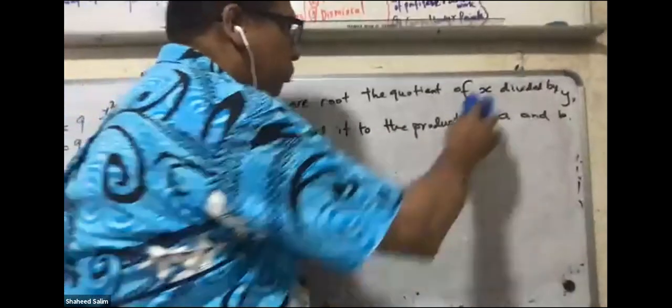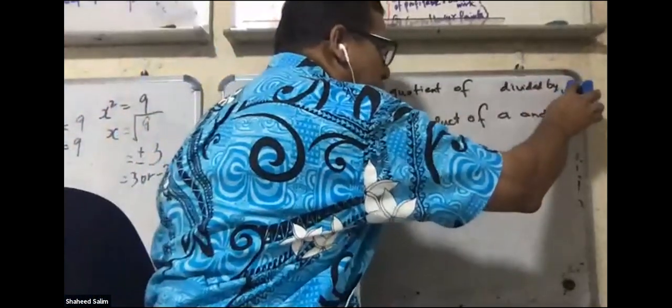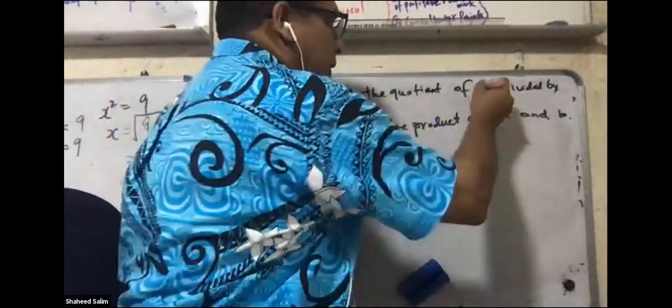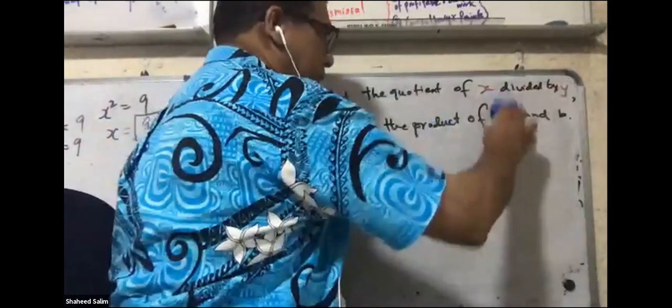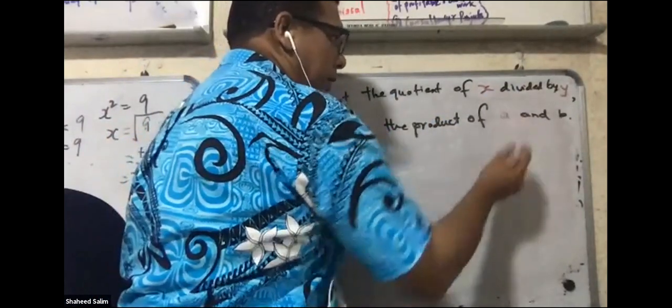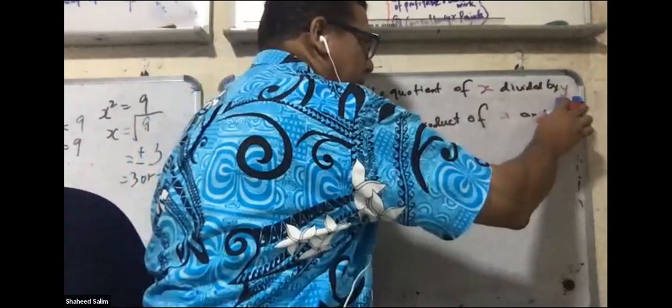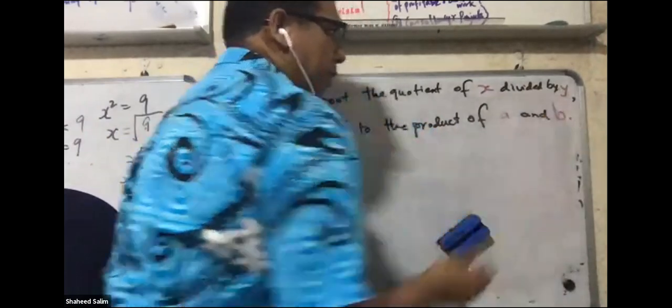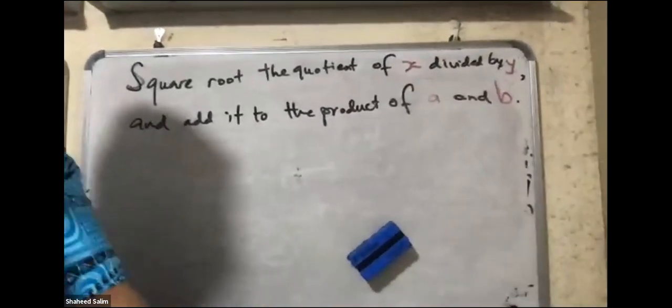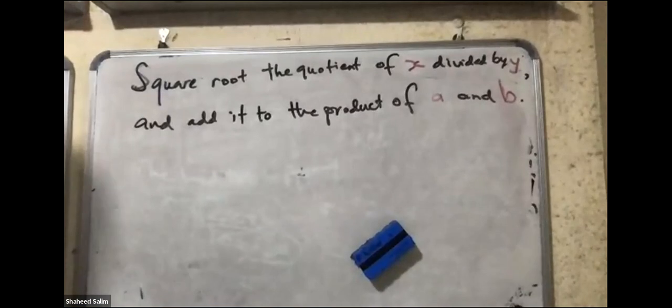I'm gonna write down in red all those algebraic terms: X, Y, A, and B. So you try. This is not cube root, it's square root, but similar.